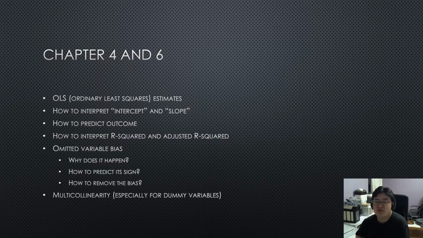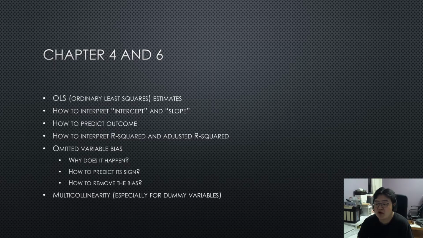Many problems in the regression models are associated with some kind of omitted variable bias, and you can interpret the problem as a result of the omitted variables. So it's important to understand how omitted variables cause the bias, the underlying mechanism.